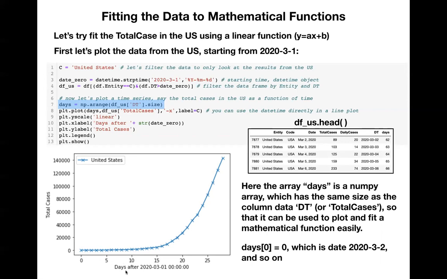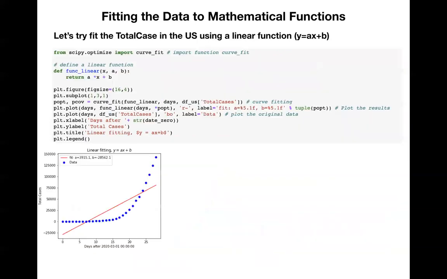If you read the label, it's actually days after March 1st, 2020. So 0 means March 1st, 1 means March 2nd, and so on and so forth. So now let's fit this curve, as this is the X data and that's the Y data, to see what kind of functional form fits that.